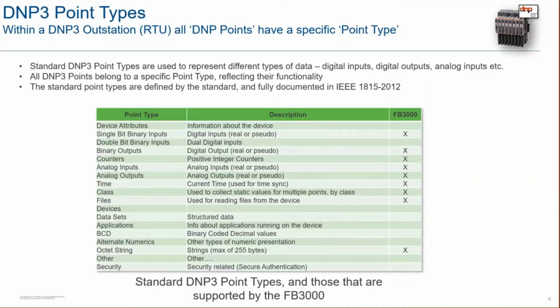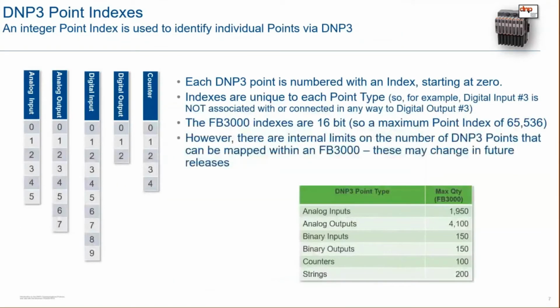So I've identified what a DNP3 point is. I've explained that there's different types of DNP3 points. How do you actually determine which point you're accessing? To do that, you use a DNP3 point index. And it's pretty simple. There's an integer number that must always start at 0 that identifies each individual point of a type.